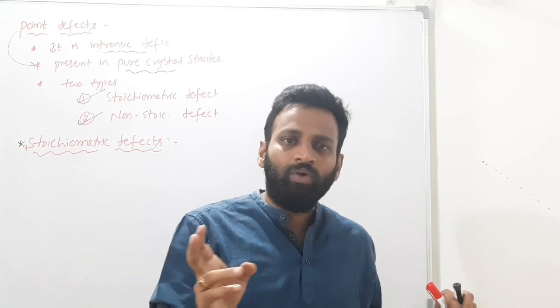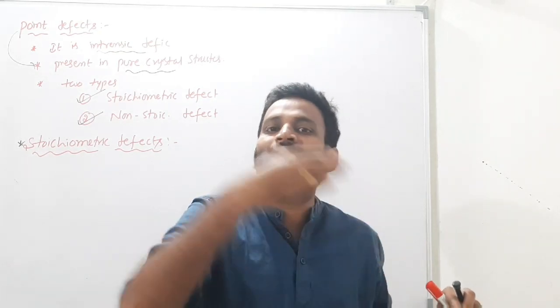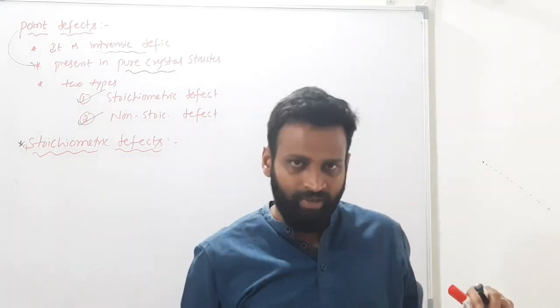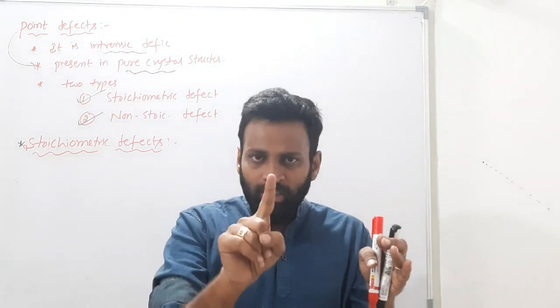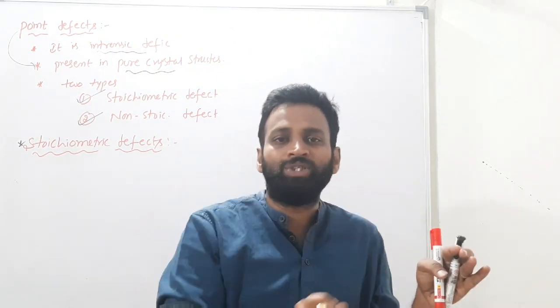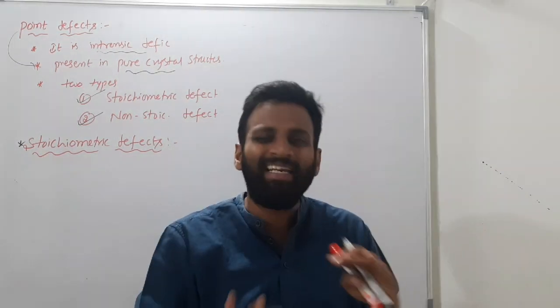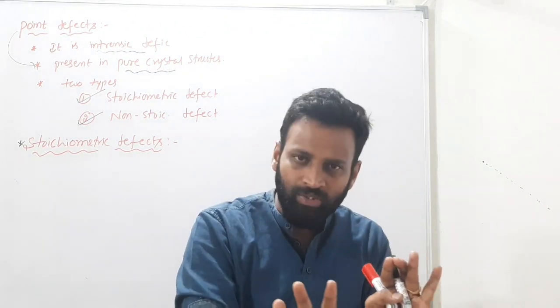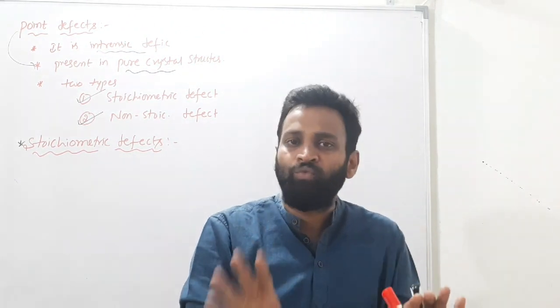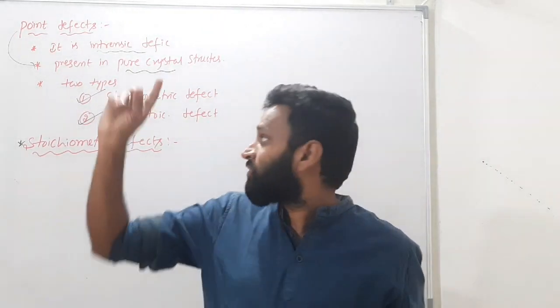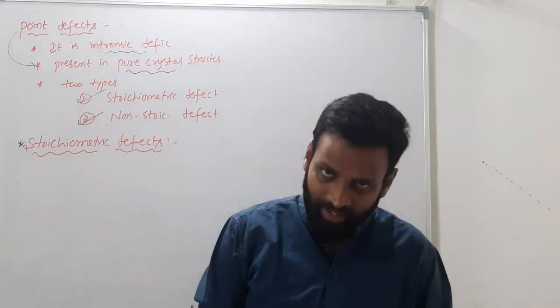So 2 students are not in the class at all. That is Schottky defect. Now 40 students are there, and 1 student changed his position from the first bench to the last bench, like that. His position changed. Is there any change in the number of students? No, 40 students are present. That defect is called Frenkel defect.